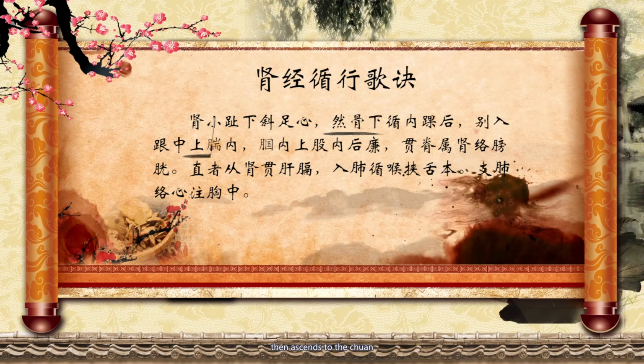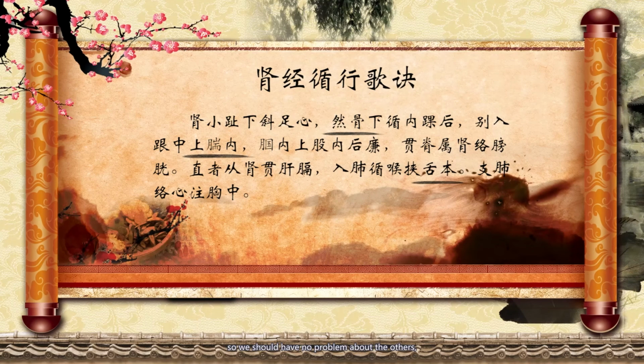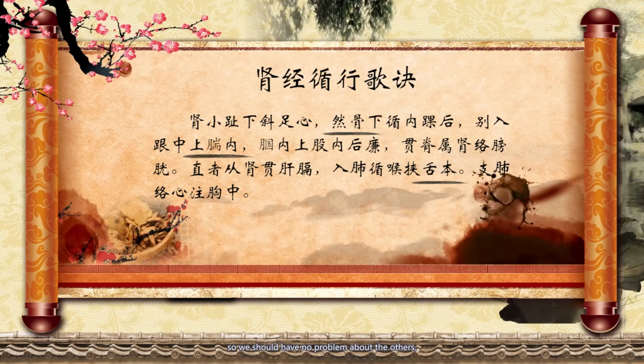Then ascend to the calf region, which we have mentioned last time. The 舌本, 本 means root. So 舌本 is the root of the tongue. The root of the tongue is also something to pay attention to. So we should have no problem about the others.